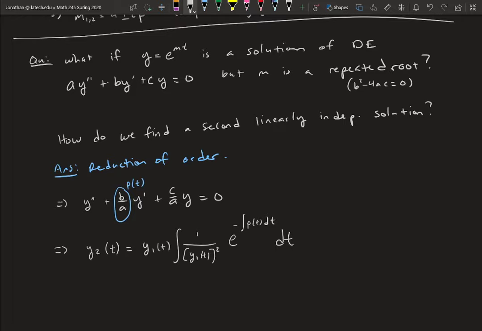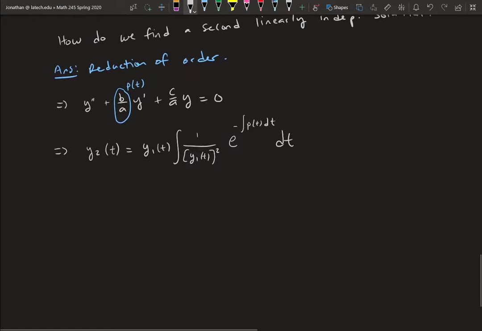We're basically going to derive a second linearly independent solution for a repeated root. So this is going to be e to the mt times the integral of 1 over e to the mt squared times e to the negative integral b over a dt, dt.